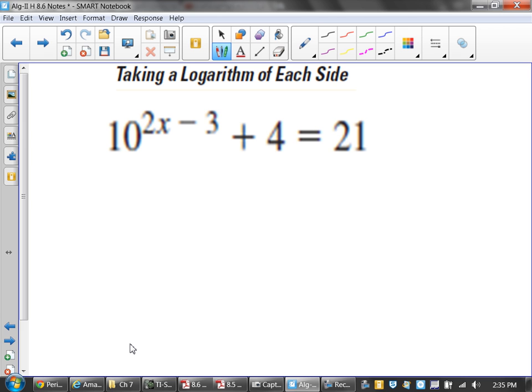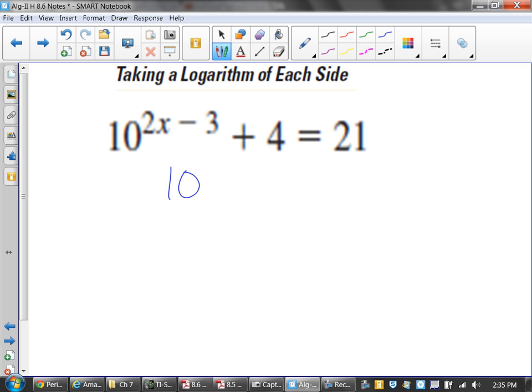Anyway, in this case here, treat it like you would a normal 2 or 3 step equation. What would you have to do first? Might as well subtract. I agree with you, Jack. Again, guys, treat it like you would a normal two-step, three-step equation.